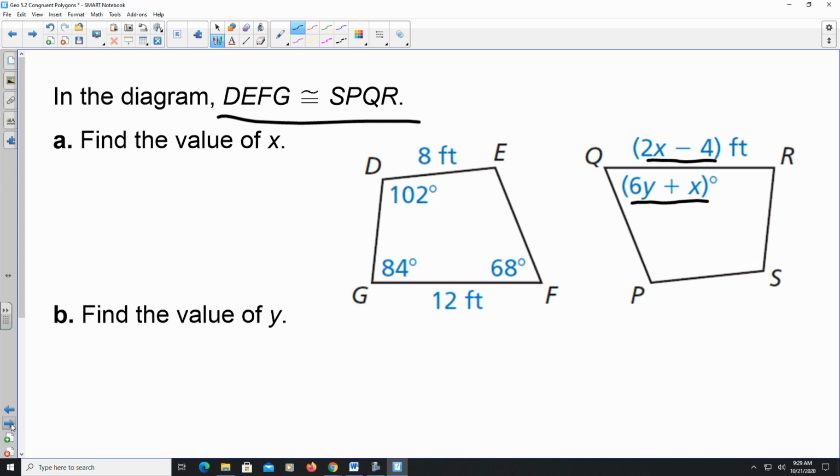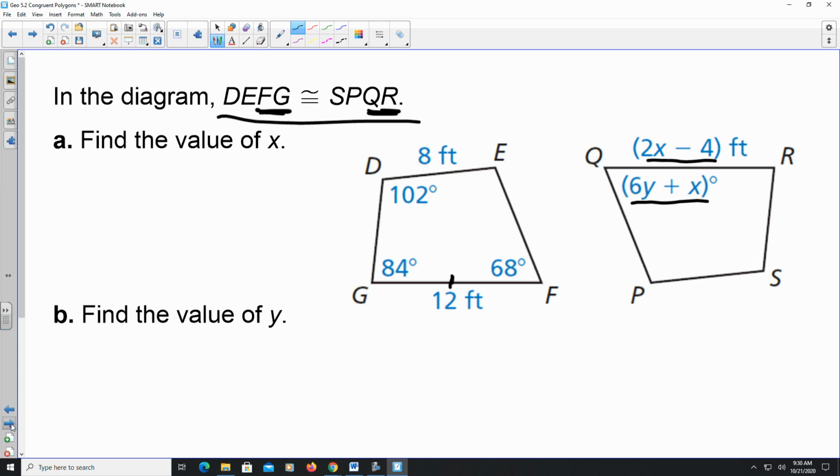Because I have two unknowns for angle Q, I'm going to start off with trying to find x with QR. So QR is the third and fourth term in this congruency statement. So it's going to line up with the third and fourth term in the first diagram, and that is FG.